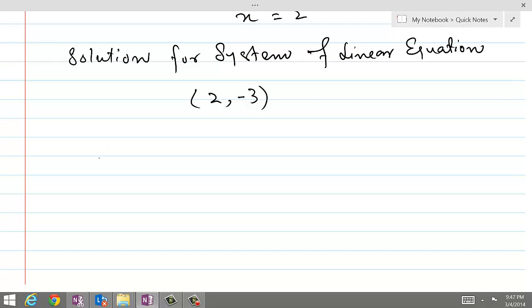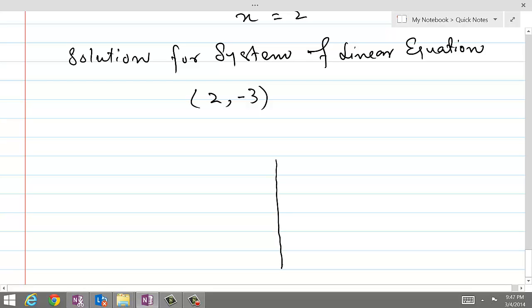So for verification, we are going to write both equations, one on the left side, one on the right side. So let's write down 2x plus 3y equal to minus 5. And the other equation is x over 2 minus y over 3 equal to 2. So let's see if this point 2, minus 3 will satisfy both of them.